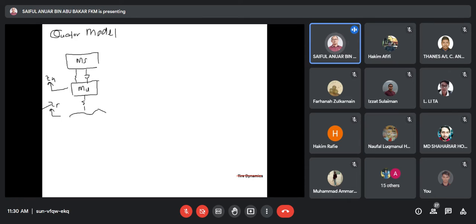For ZU, in terms of its motion, we have ZU double dot, the unsprung mass acceleration, then the unsprung mass velocity, and the unsprung mass displacement. The same goes for the sprung mass: we have the sprung mass acceleration, the sprung mass velocity, and the sprung mass displacement.